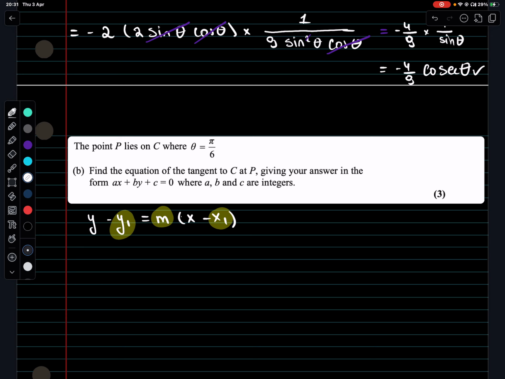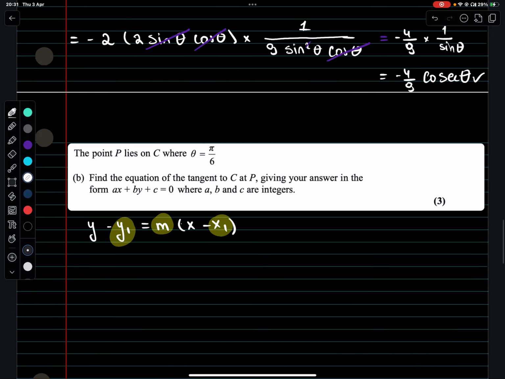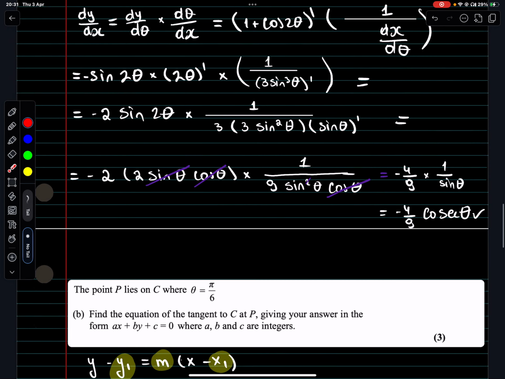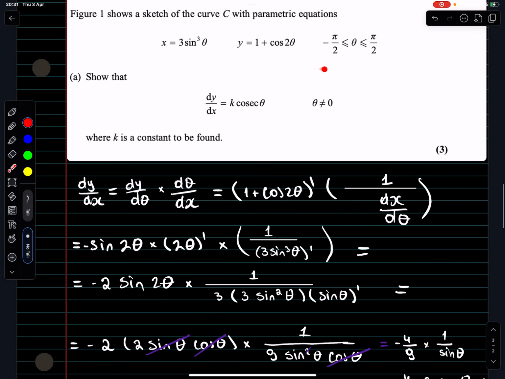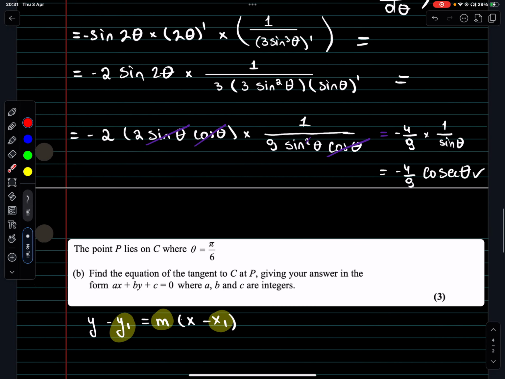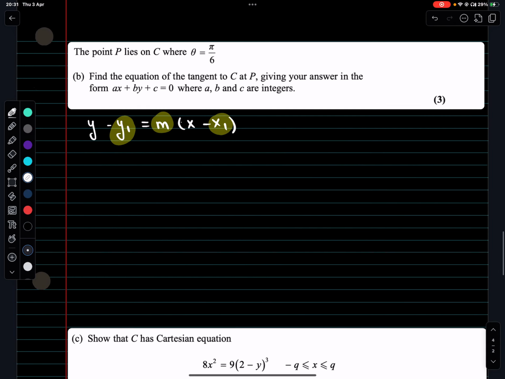Luckily we can do everything using the point they gave us, the equation they gave us, and the derivative, which is basically the gradient. So m equals negative 4 over 9 cosec theta.